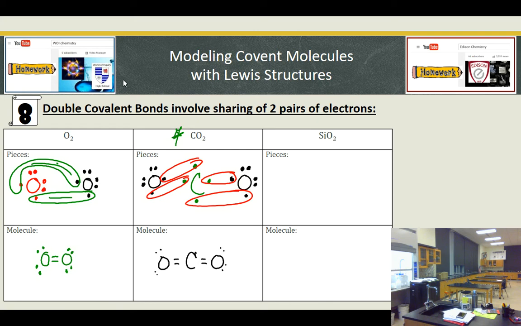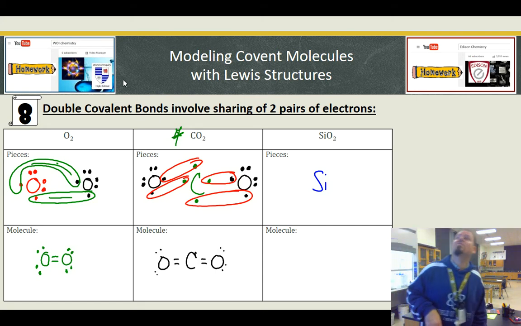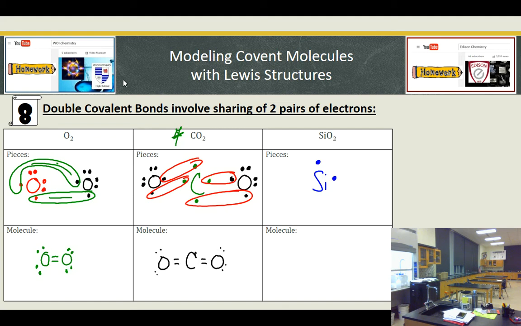All right, silicon dioxide, SiO2. Si, I think, let me check my periodic table. I think Si is also going to be like carbon. I told you carbon's the only one. Well, guess what? In this case, silicon's going to do it also because it has to. You'll figure out that if you do it the other way, it won't make enough bonds. So you have to just separate it out.